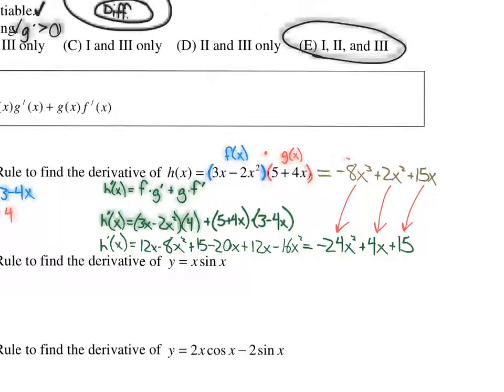Now, which of these is easier? Probably FOILing and using the power rule. So if you see one that's easy to simplify, go ahead and do it. But there are going to be ones that we can't just simplify and use our power rule all the time. Like this next one here.